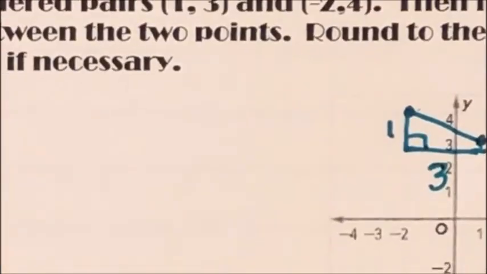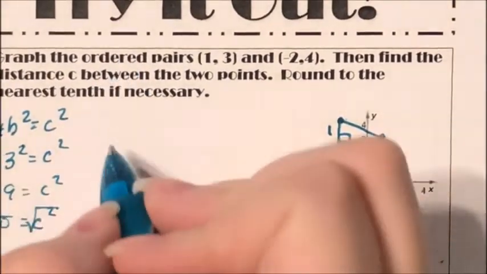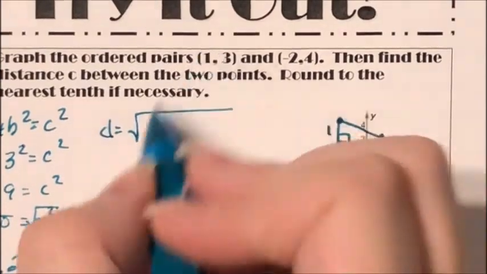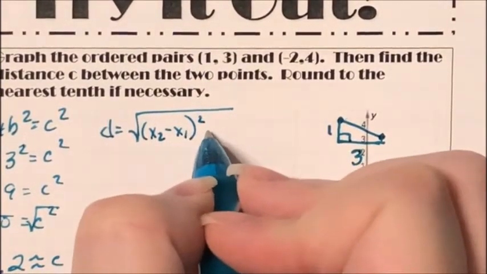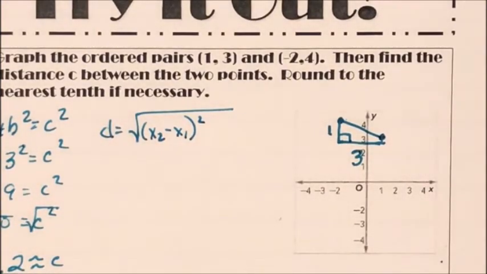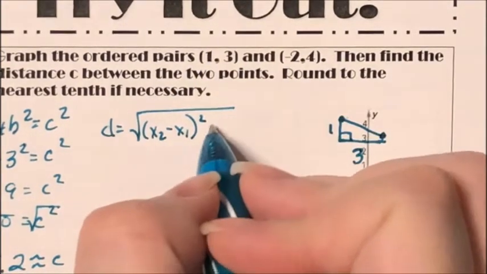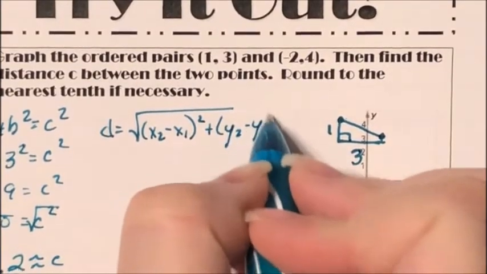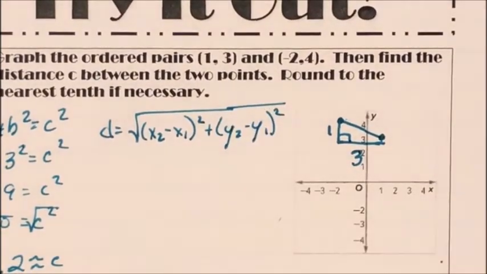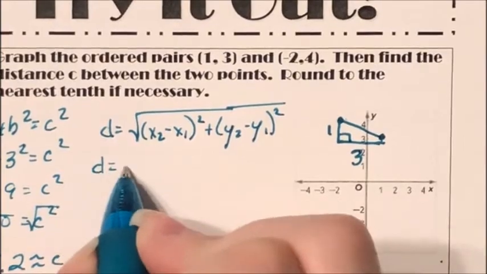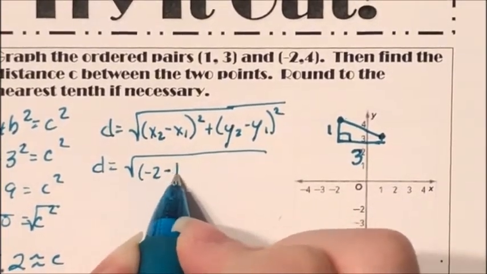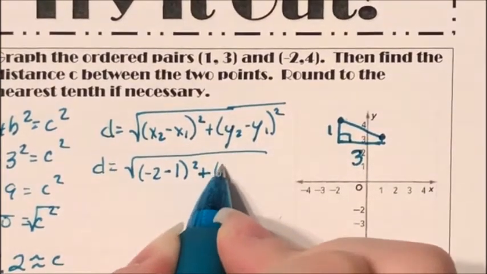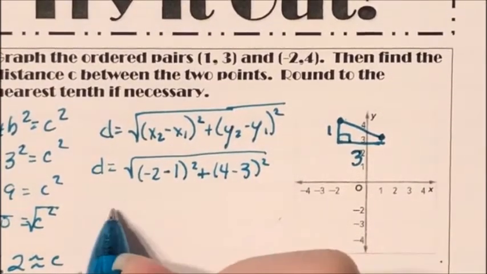That's the Pythagorean theorem, and I'll show you how to do it with the distance formula. So D equals the square root of (x2 minus x1) squared plus (y2 minus y1) squared. D equals the square root of (negative 2 minus 1) squared plus (4 minus 3) squared.